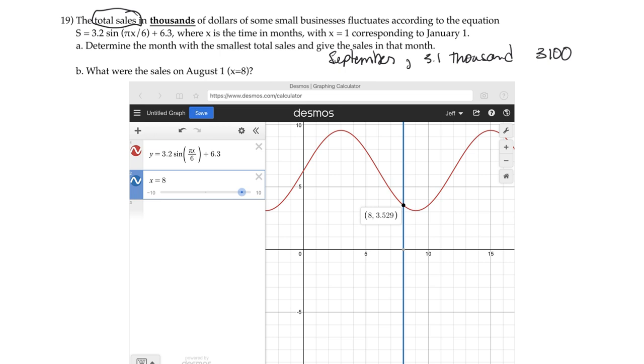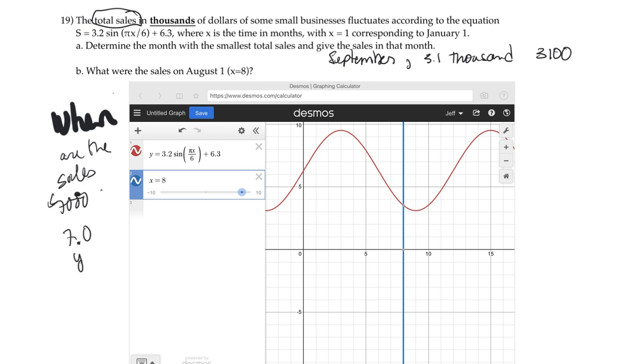Another question they could ask is, when are the sales $7,000? So 7,000 would be 7.0 thousand, and that's a y value.